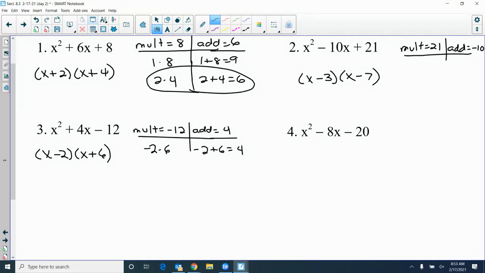All right, you're close. He says -2 and 10. What's slightly wrong with that? 2 and -10, because what do those add up to? -2 and 10 add up to +8, and we want it to add up to -8. So x plus 2 times x minus 10.